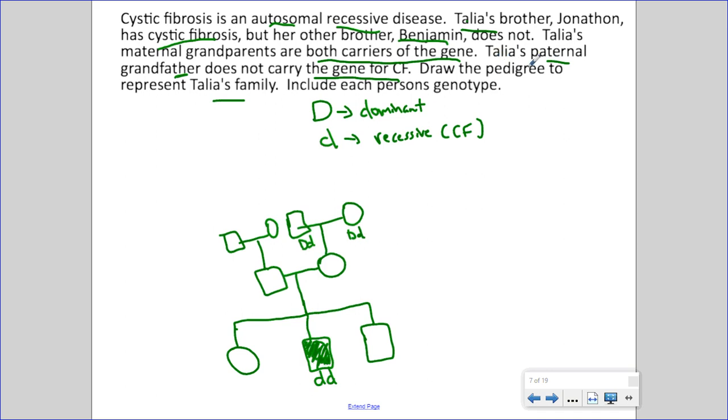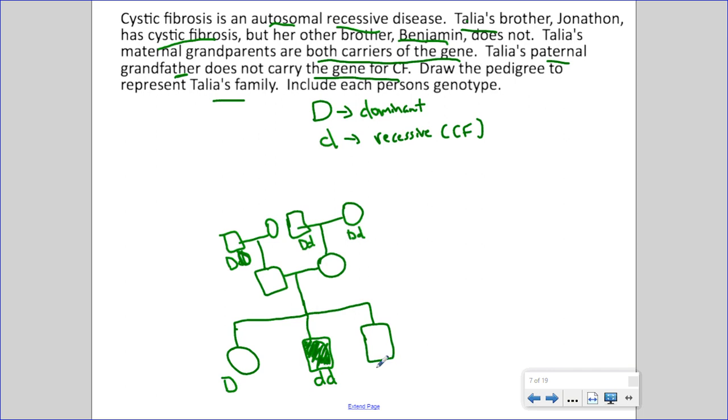And we're told that Talia's paternal grandfather does not carry the gene, so big D, big D. And we're now asked to figure out what each person's genotype could possibly be. Assuming that Talia is not affected, she could be big D, little d, or big D, big D.